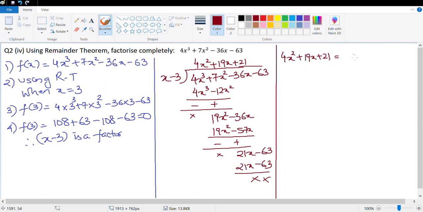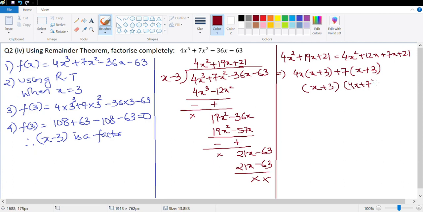Yes, so 7 and 12 will give me 19, and 7 into 12 will give me 84. So 4x squared plus 12x plus 7x plus 21. That gives me, if I take 4x common, x plus 3, plus 7 common, x plus 3. So this is x plus 3 multiplied with 4x plus 7 will give me 4x squared plus 19x plus 21.